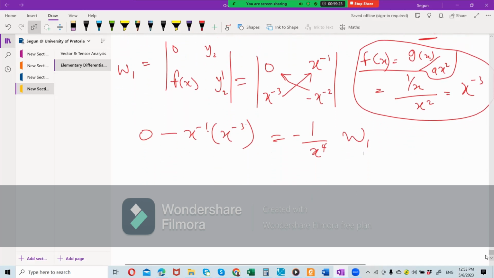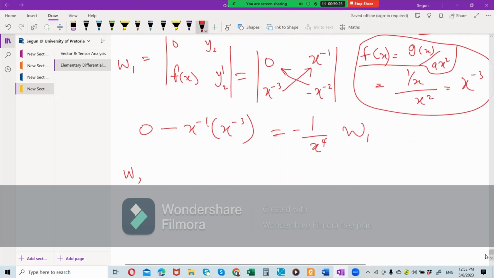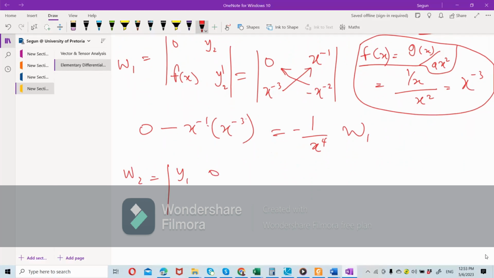For w2, what is the formula for w2? We have y1, we have 0, then we have y prime 1, and we have f of x again. Don't forget your f of x where we calculated it. Then we can substitute it. What is y1? Please check your notes. What is y1? Anybody?